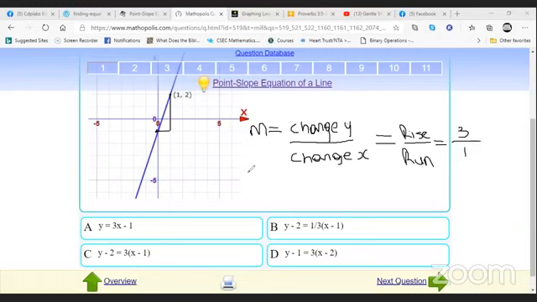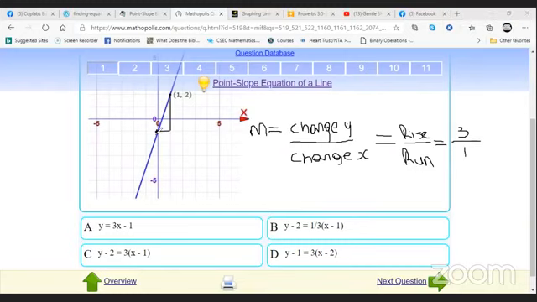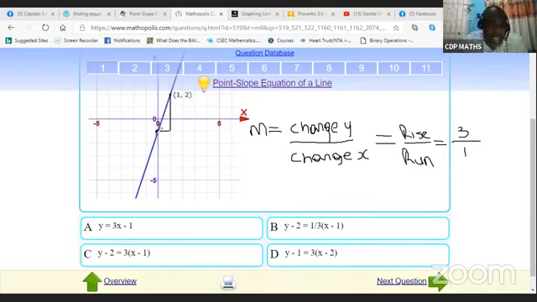Yeah, y minus 2, but you weren't given a point. So you have to choose a point on the line, and you choose the one that best fits it, because this one will give a fraction. You have to read the graph properly.